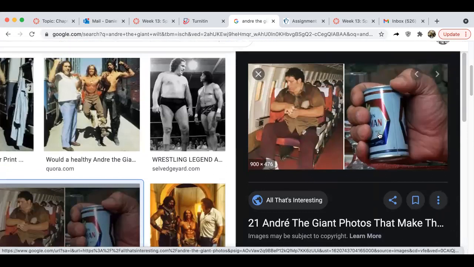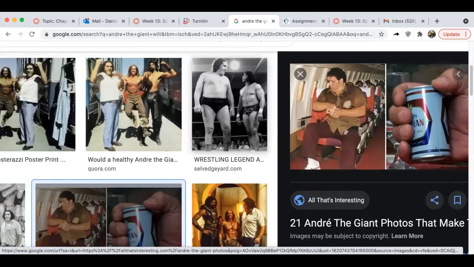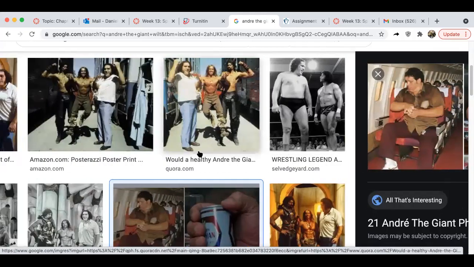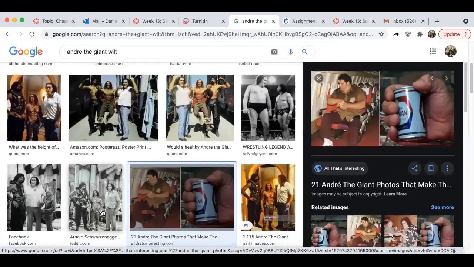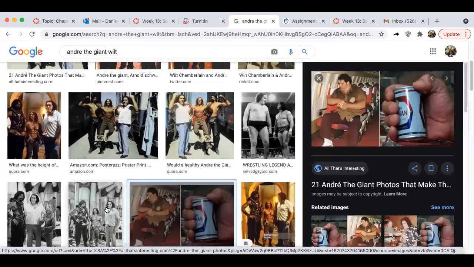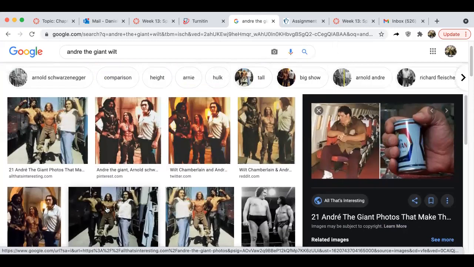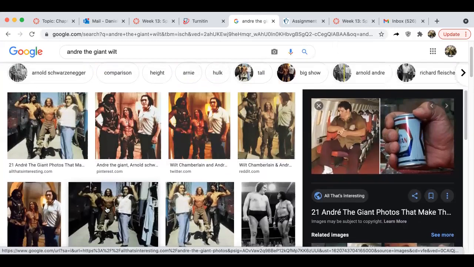That's also him with a 12-ounce can of beer, about the equivalent of a 12-ounce can of soda. You're seeing how small it looks in his hand. Great guy, but also miserable because he just wanted to be normal. And because he wasn't, he was actually pretty miserable, sadly, despite his fame.